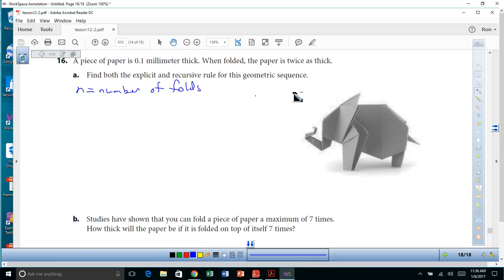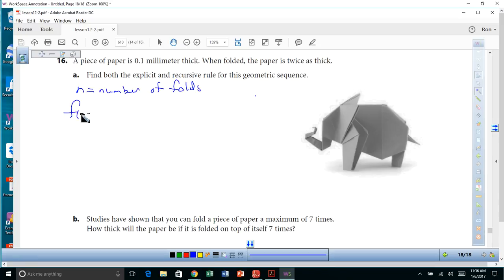Since the domain is whole numbers, 1, 2, you can't do half a fold. You might fold something in half, but you can't do half a fold.